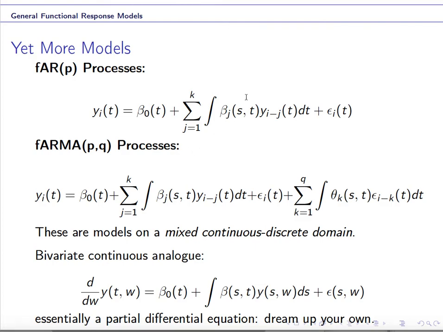So we can put together a more general functional linear model. In time series, we have learned the AR model, right? For the AR model, the value at the current time depends on the values at the previous k time points.